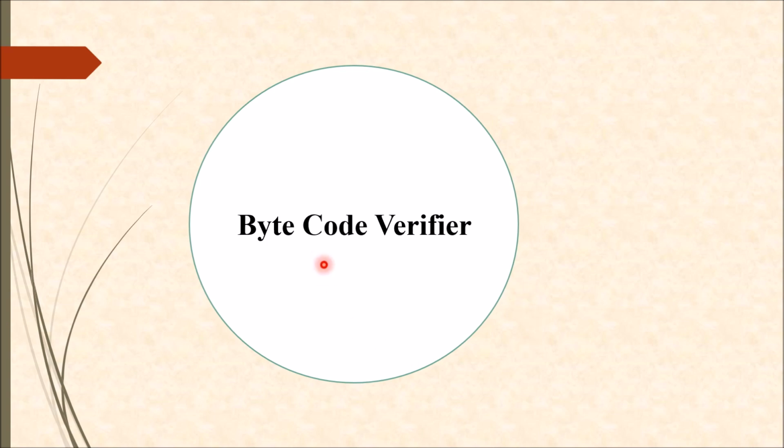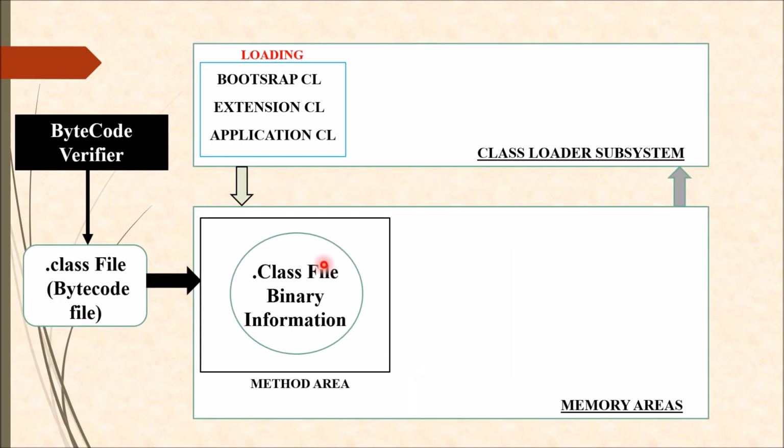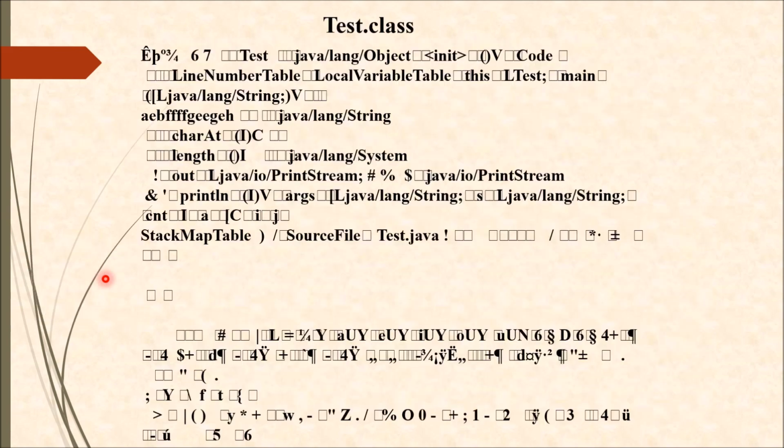What does this bytecode verifier do? Before loading this .class file inside the method area, this bytecode verifier checks whether the structural representation of the .class file is correct, whether it is well formatted, and whether this .class file is generated by a valid compiler. Just consider this test.class file, which is generated by compiling the test.java file.